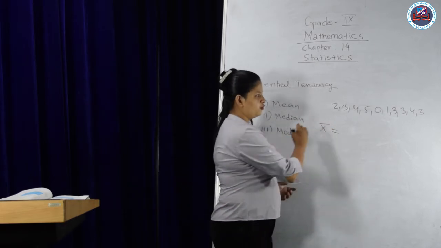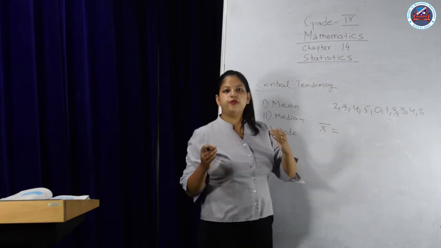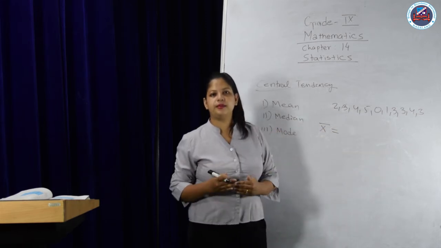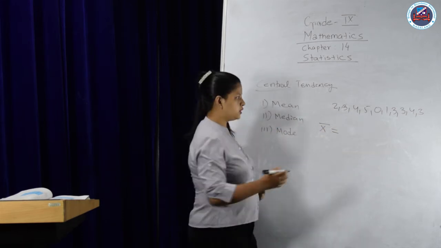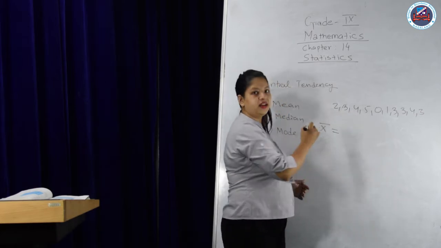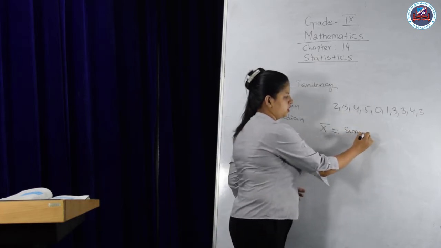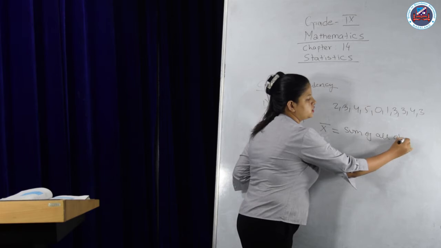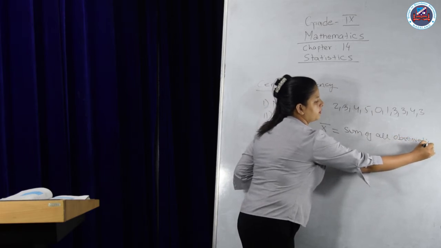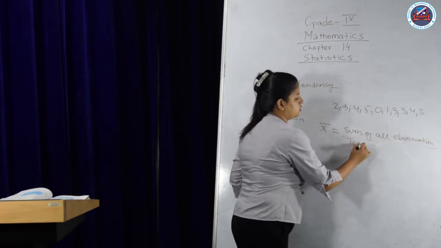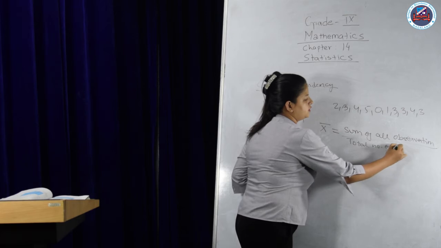Mean is equal to, for raw data, sum of all the observations divided by the number of observations. So here, observations means all of this, add up everything. Sum of all observations by the total number of observations.